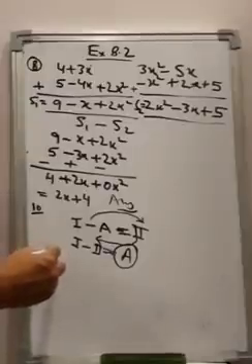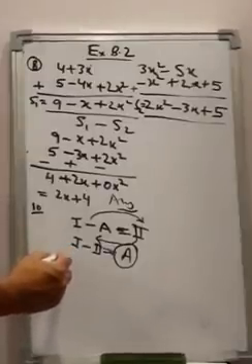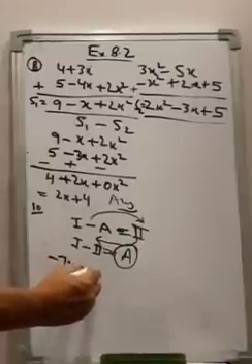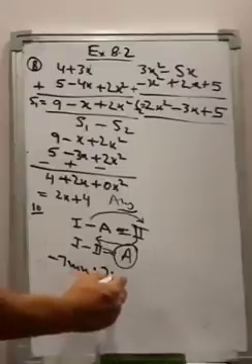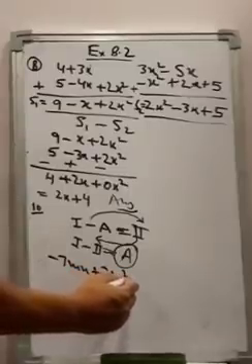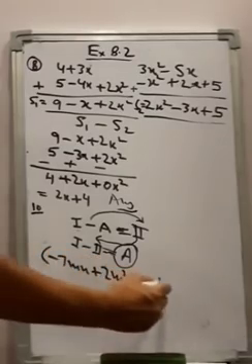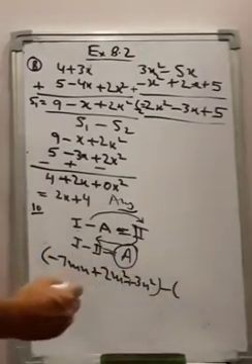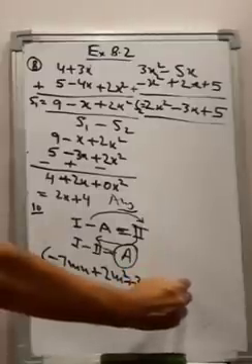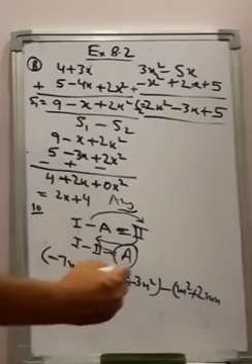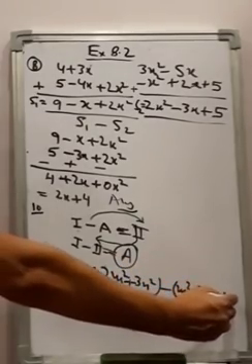To find the value of A, the first expression given is minus 7mn plus 2m square plus 3n square. This is the first expression, minus the second expression, m square plus 2mn plus n square.